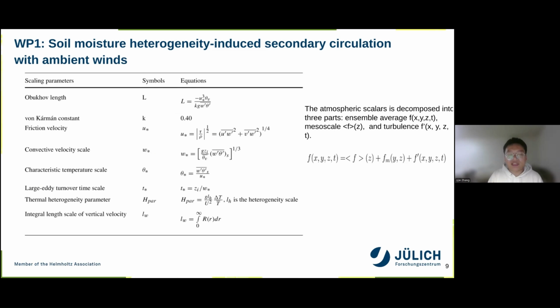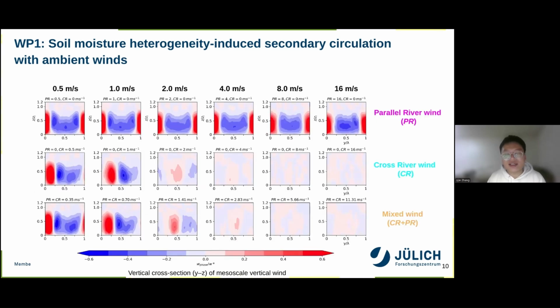For example, something I measured here, I can apply somewhere else. I will not jump into the details about those scaling parameters. On the right side is how we decompose the atmosphere states into the ensemble average, the mesoscale part, and the turbulence part. The result is very interesting here.